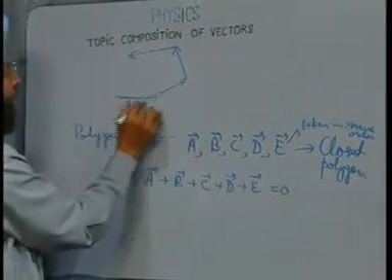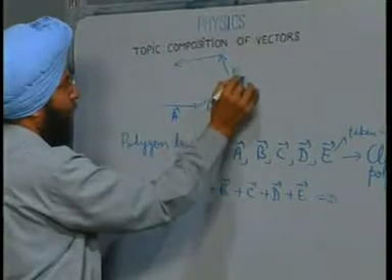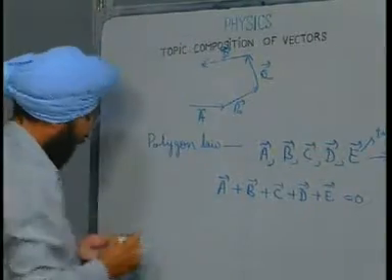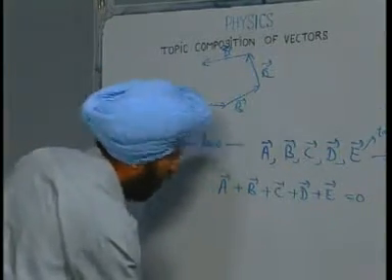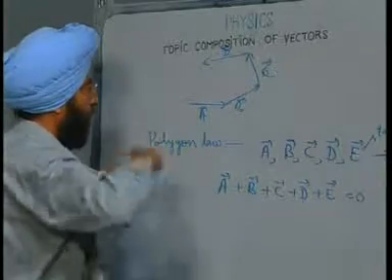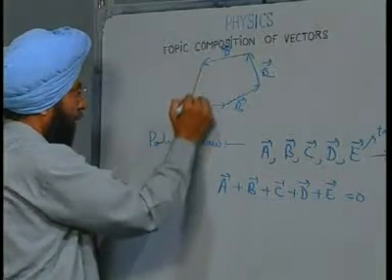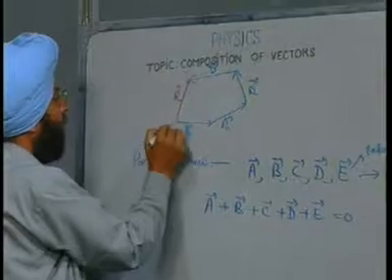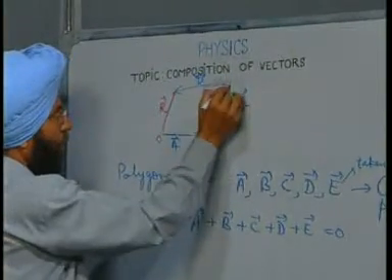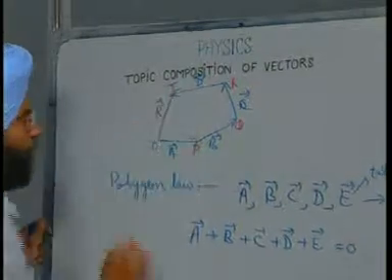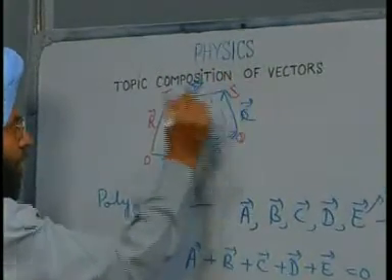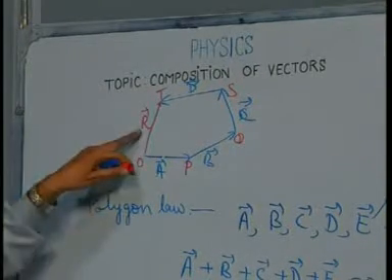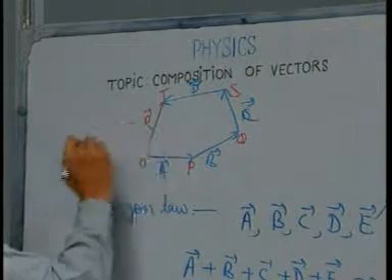If we use polygon law, A plus B plus C plus D, the resultant of these four is given by the closing side O, P, Q, R, S, T. Now, we are not using R deliberately, because it will interfere with the R letter we are using for the resultant.